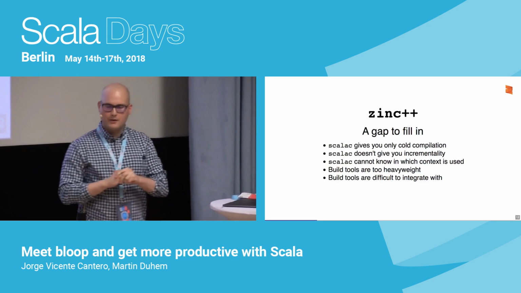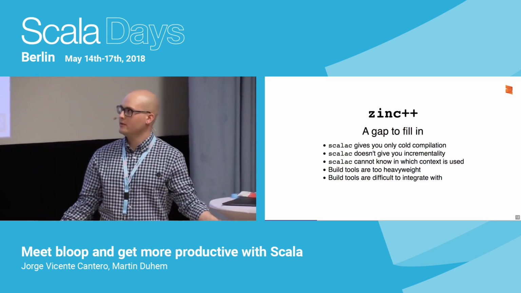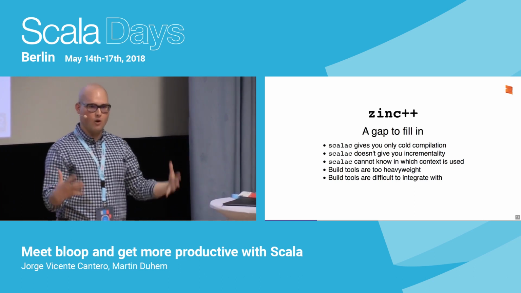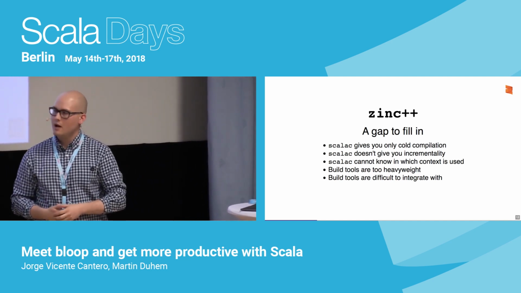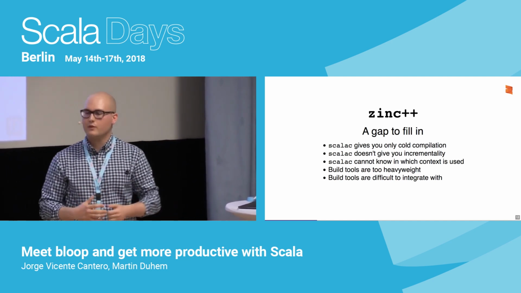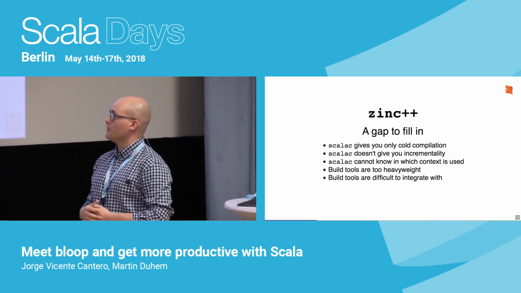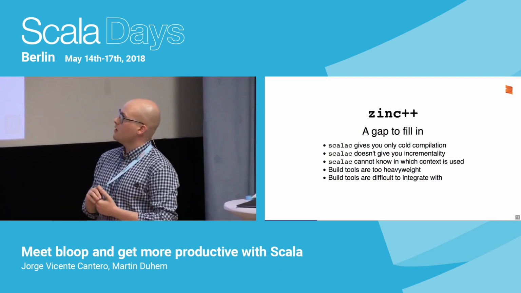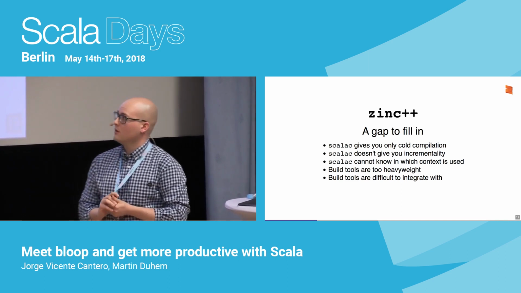So when we think about the tools we have right now to build upon, in one part of the spectrum we have scalac, which is the raw compiler. It has the compiler APIs, you interact with them, and then you grab the compiler to do whatever you want. You also have a CLI, but the CLI doesn't give you hot compilers, which we'll explain later what those are, and it doesn't give you incrementality either, so it's not very useful.